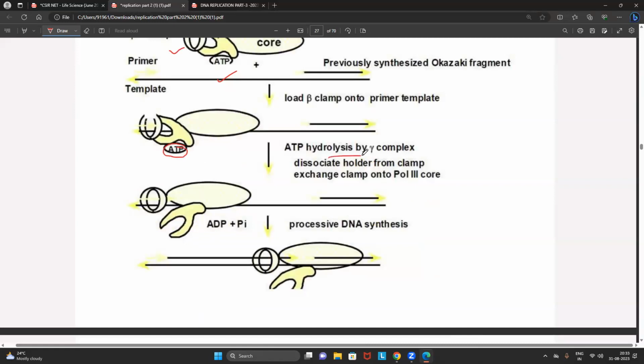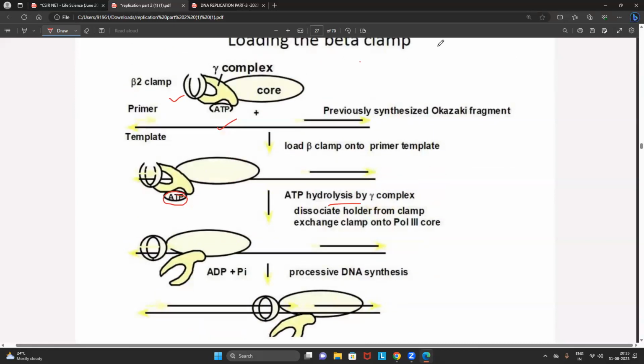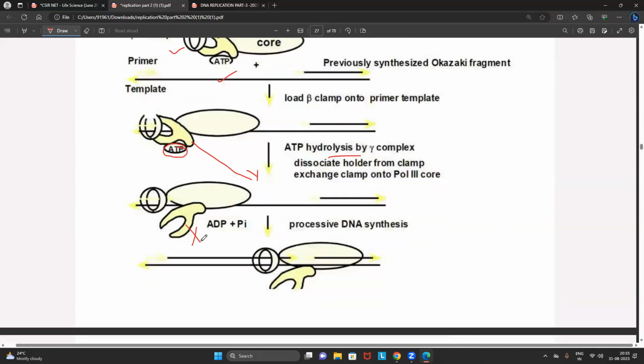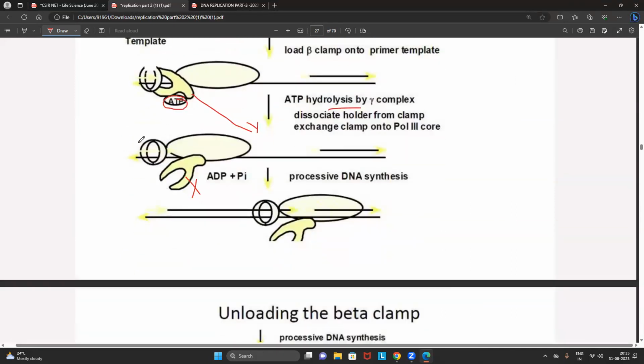Whenever ATP hydrolysis occurs, friends, this gamma complex will come out. The gamma complex is getting completely dissociated. The moment the gamma complex gets dissociated, look into the picture. Now you can see, right? The beta clamp is directly associated with the core enzyme. Now the core enzyme becomes so powerful. Now the core enzyme can continue the DNA synthesis without stopping.